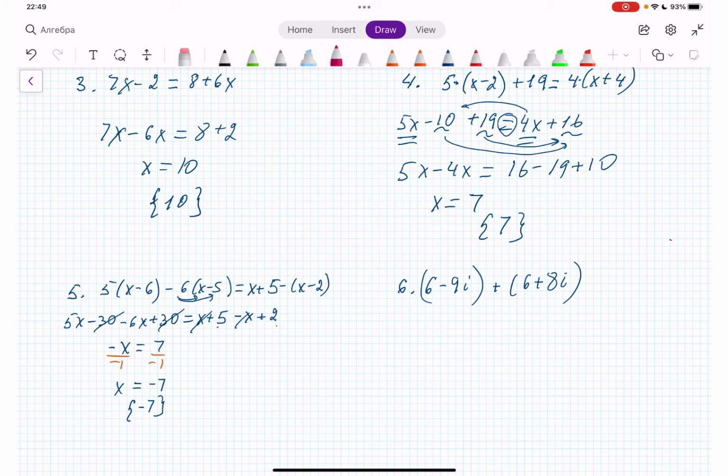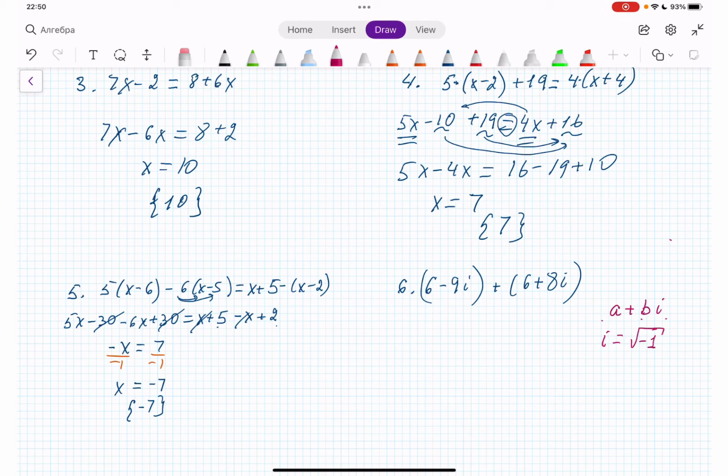So let's say the form of a complex number is a plus bi, meaning a is a real number and bi is the imaginary part, that i meaning imaginary. Okay? So in the complex number itself, i is equal to the square root of negative 1.